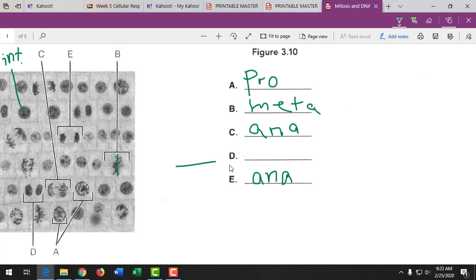So which one of these is telophase then? Obviously this one, right? If I look at this, can you see how it's still one cell yet, but the DNA is starting to uncoil and form chromatin? And then pretty soon we're going to see a cell plate form to completely divide these new cells. So this is telophase here.